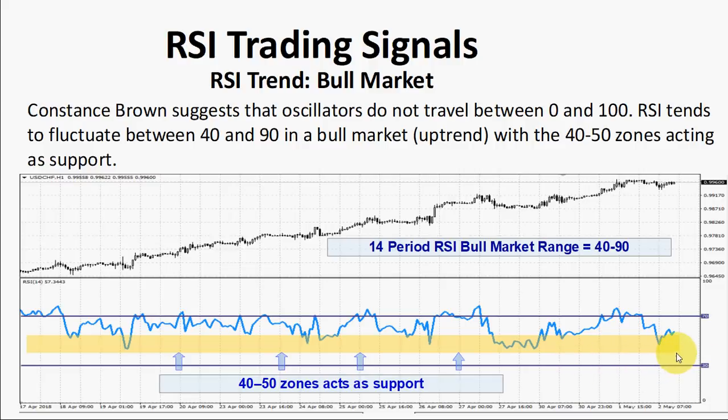It just fluctuates between 40 and 90, and uses the 40 to 50 zone as support. So you see this colored area between 40 and 50 is the support zone in an uptrend. So anytime RSI dips into that area, that is a signal for you to go long, to join the trend.